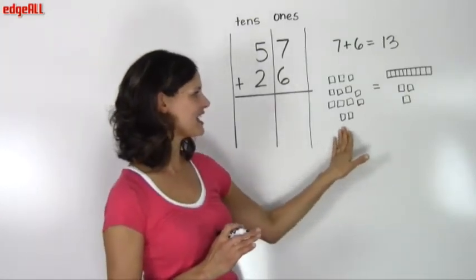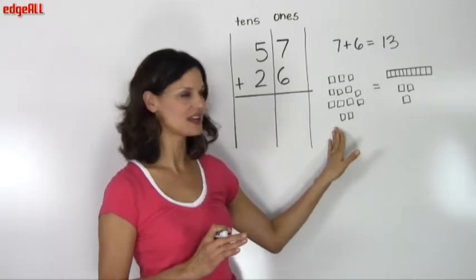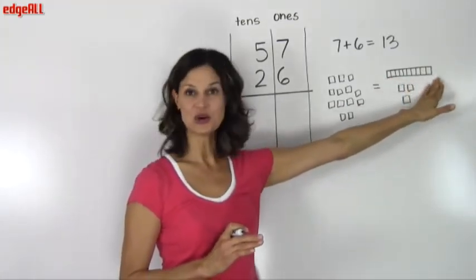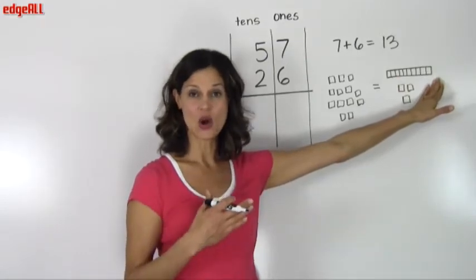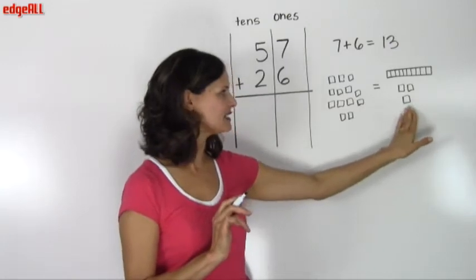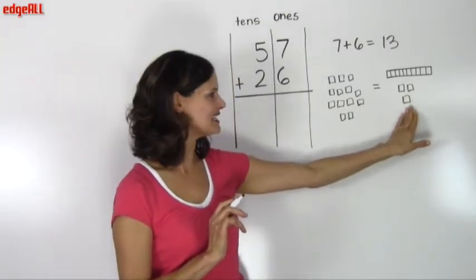Instead of thinking of it as 13 individual squares, we are going to regroup it as one group of 10, or 1 ten, and 3 ones. So 3 individual pieces.